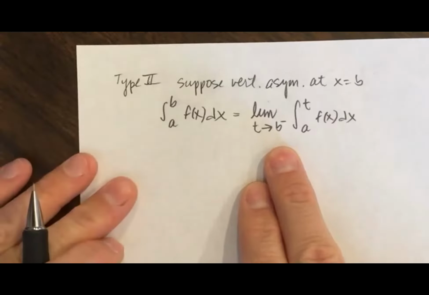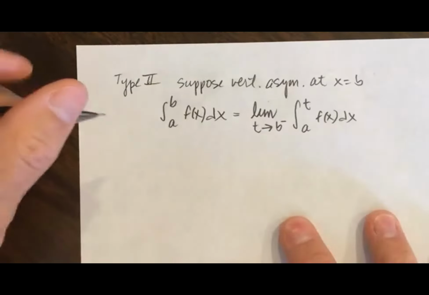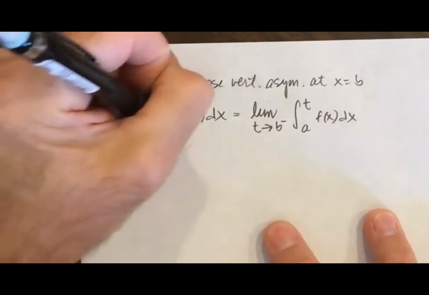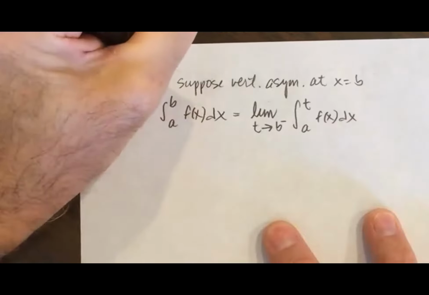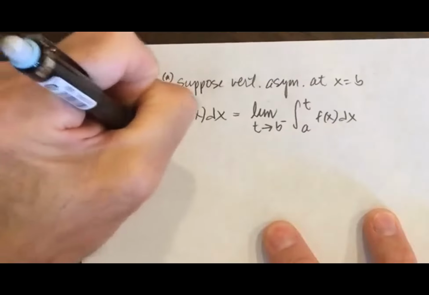If we want to go at it from the other side, so this is A, here's B, here's the other limit.